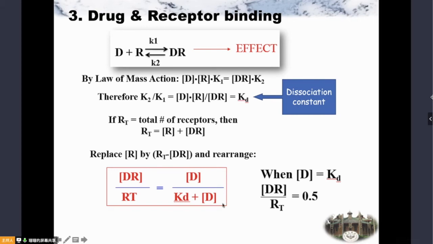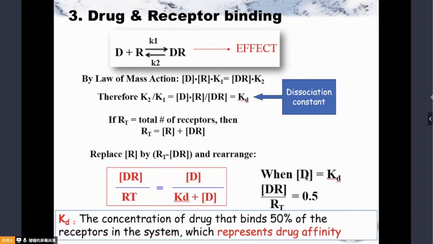Okay. From this equation, you can see if this equation equals 0.5, that means here the DR and RT ratio equals 0.5. If this ratio is 0.5, KD actually equals the concentration of drugs. So the definition of KD is the concentration of drugs that binds 50% of the receptors in the system, because this ratio is 0.5.